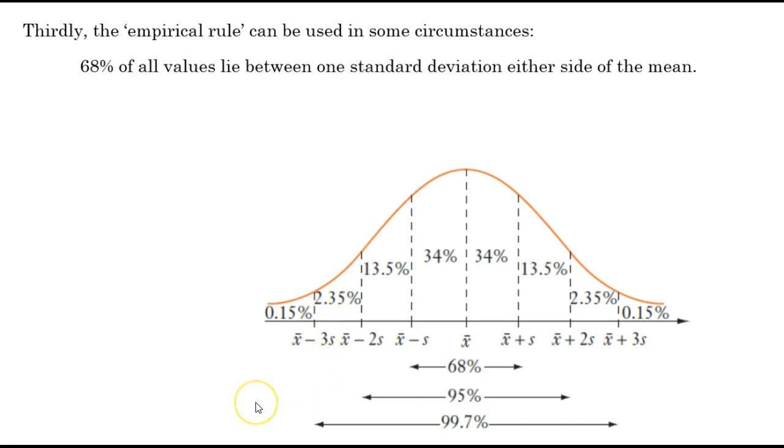My empirical rule tells me that 68% of all values, or 68% of the total area under that curve, lie between 1 standard deviation either side of the mean. Now, because of the symmetry, that means that if I just go 1 standard deviation above, it's half of that 68, which is 34%.